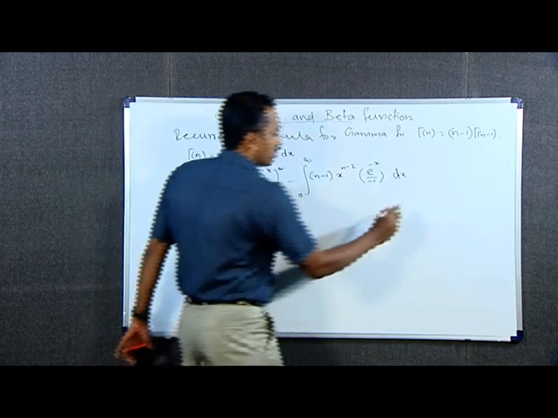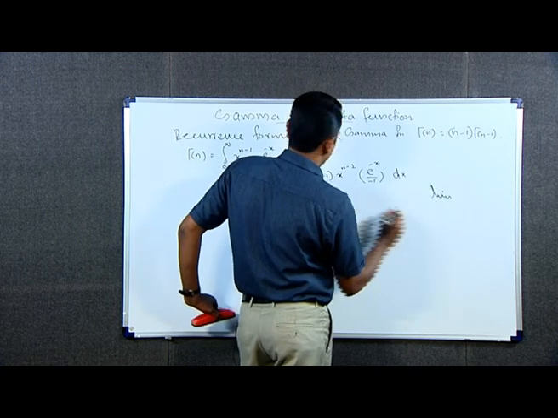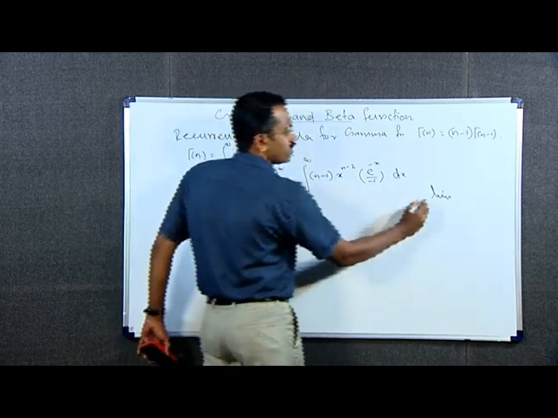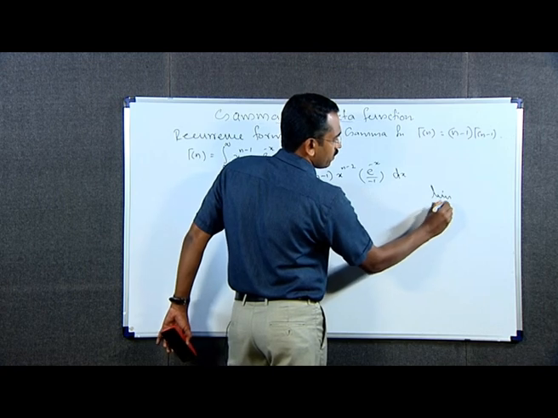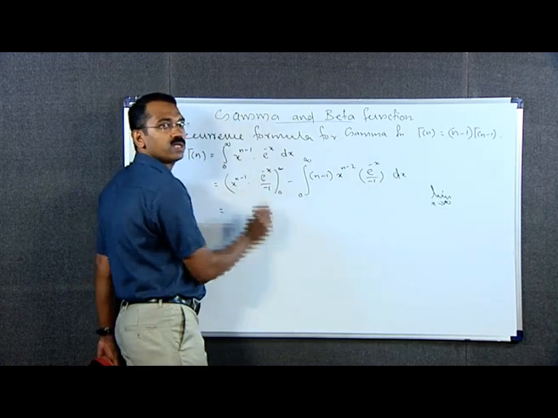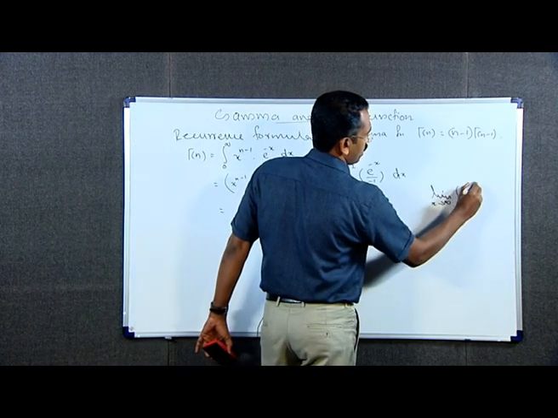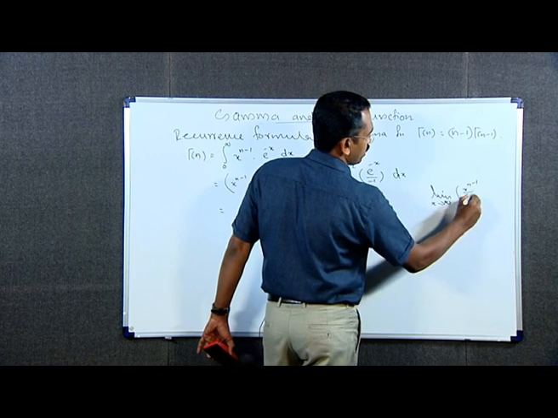Now, note the limit as x tends to infinity. Here x raised to n minus 1 into e raised to minus x means x raised to n minus 1 divided by e raised to x.